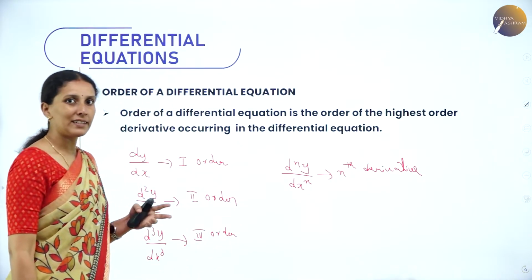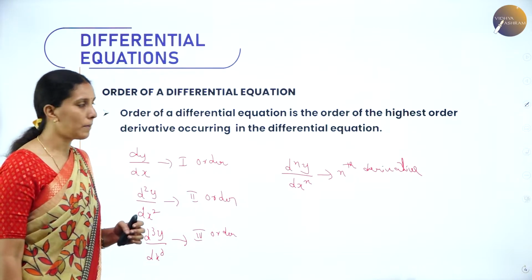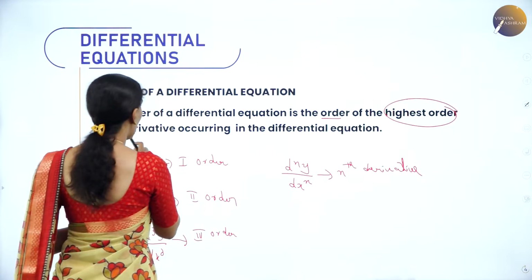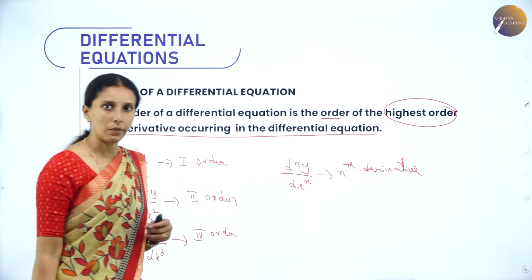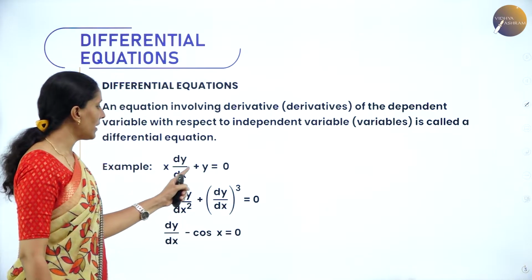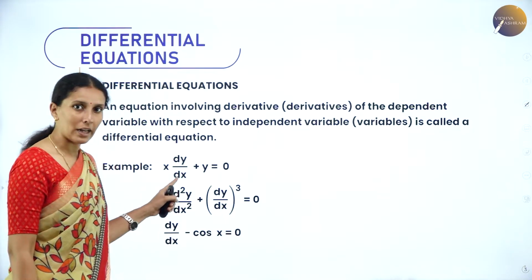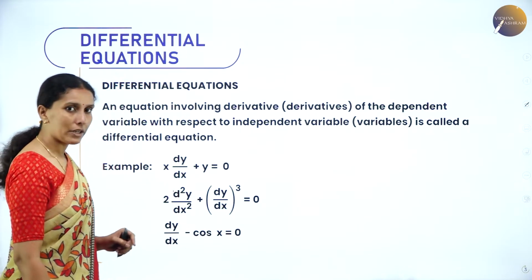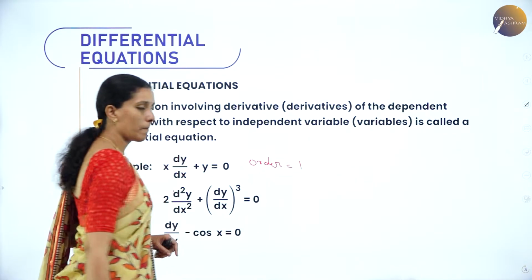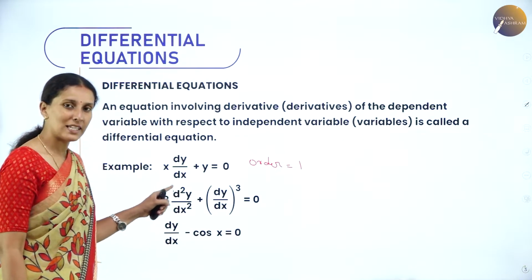So how do we represent the order in a specific equation? The order of a differential equation is nothing but the order of the highest order derivative occurring in the differential equation. Suppose in the previous example I have x into dy by dx plus y. Here the highest order you have is only the first derivative. Therefore the order of this equation is 1. In the second case, you have dy by dx, the first order, as well as the second order.